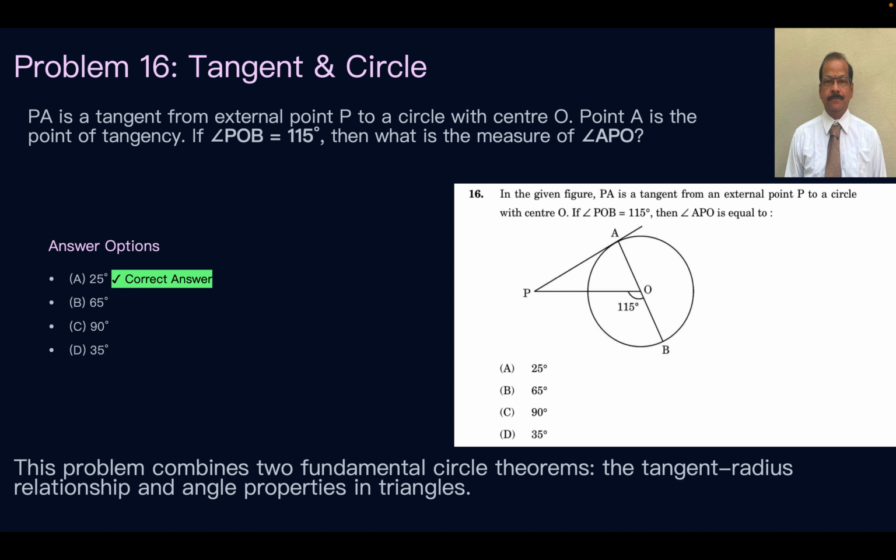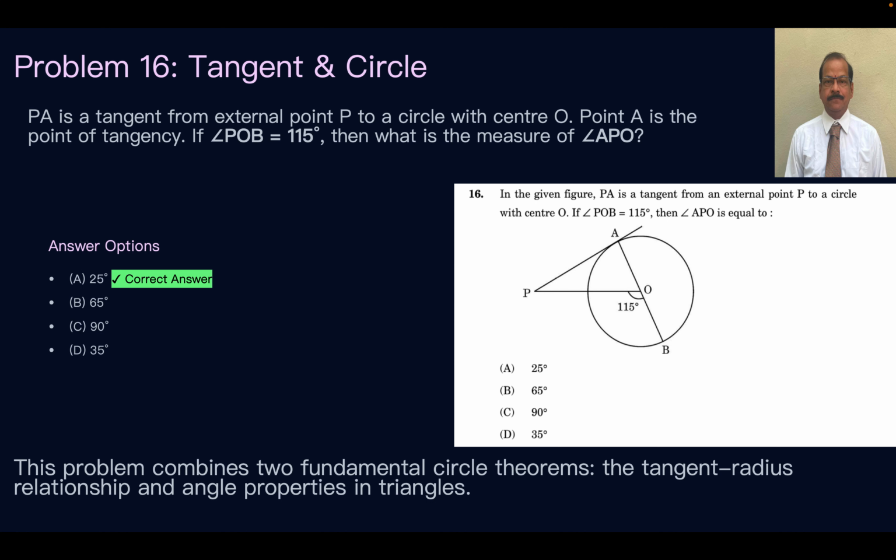We are asked to calculate angle APO. Options given are 25, 65, 90 and 35. Here the correct answer is 25, but how? Let us see.